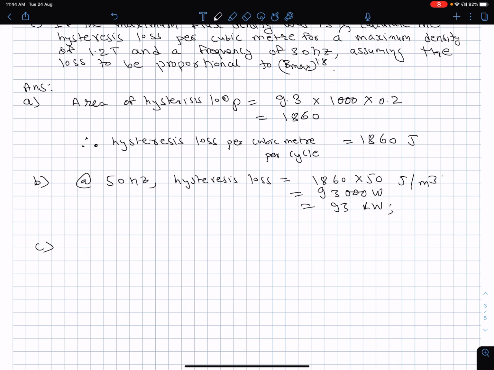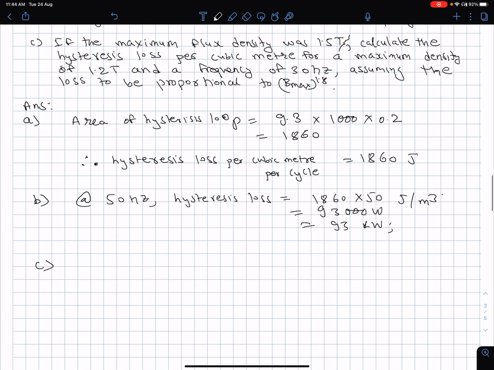Now, if you come to the C part, what is given to us is the hysteresis loss corresponding to 1.5 Tesla. What is required is to calculate it at 1.2 Tesla and at 30 Hertz.